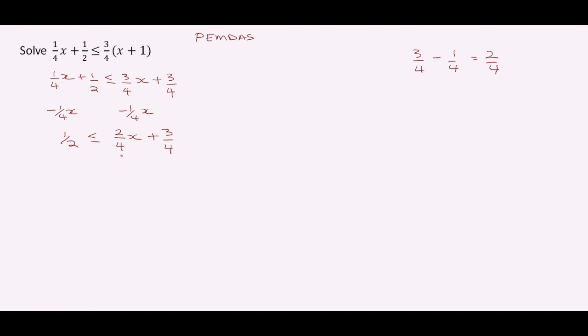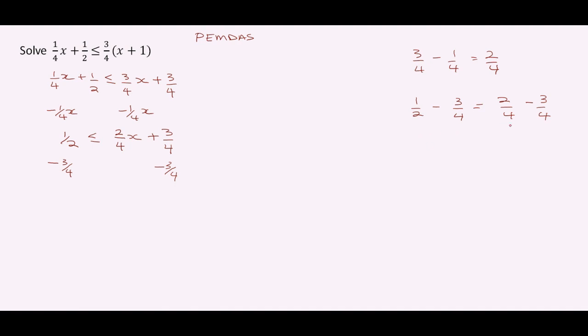Now, the next thing we're going to do is subtract 3/4 from both sides. So 1/2 minus 3/4. Let's change this to the same denominator. We have 2/4 minus 3/4.